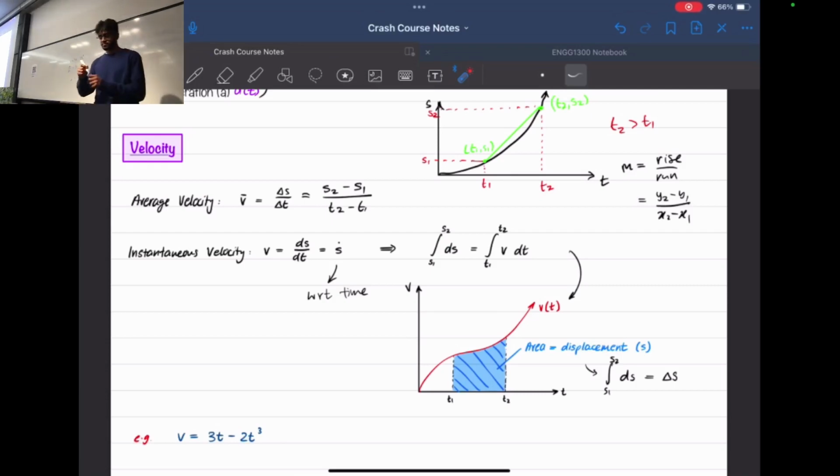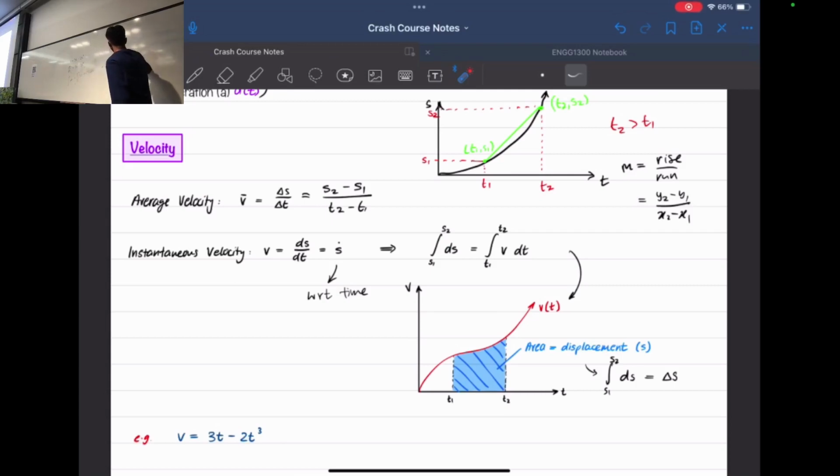Okay? Now, we can integrate both sides from t1 to t2, and at t1 the displacement will be s1, at t2 the displacement will be s2. So pretty much the integral of ds between s2 and s1 will give us, we're just going to have to integrate the 3t minus 2t cubed.